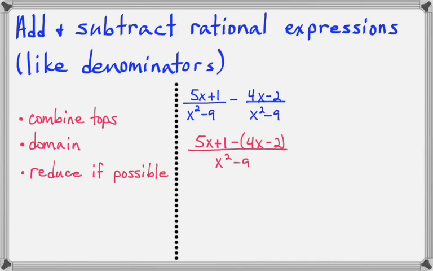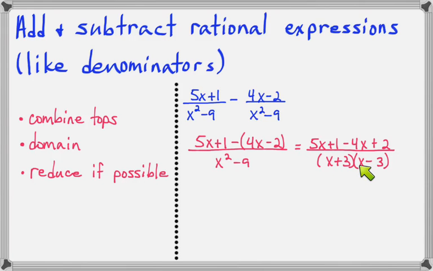So I'm going to do two things in this next step. First, I'm going to distribute the negative, but at the same time I'm going to factor the denominator. So negative 4x here, and then minus negative 2 makes plus 2 here. And then the denominator, when we factor it, is x plus 3 times x minus 3.